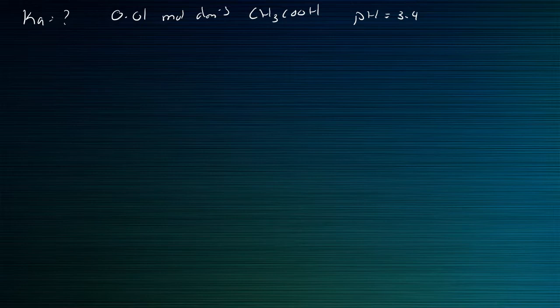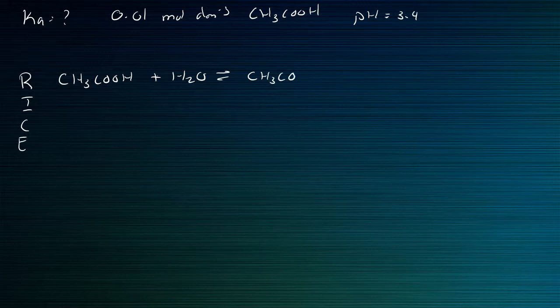All right, so I go through and I'm going to set up my ICE table. So looking at the dissociation, CH3COOH, we have water, and so therefore we're going to have CH3COO minus and your hydrogen ion or hydronium ion concentration.